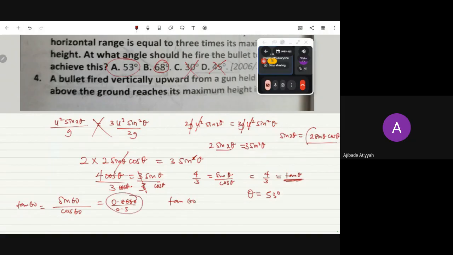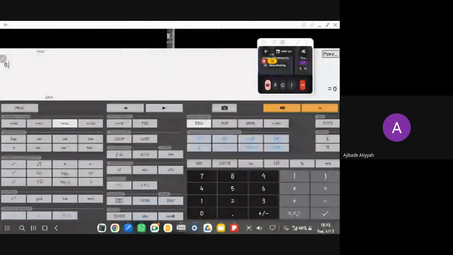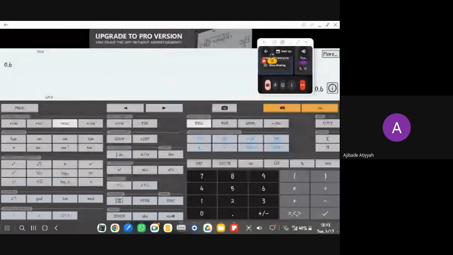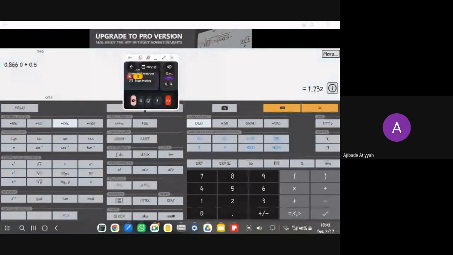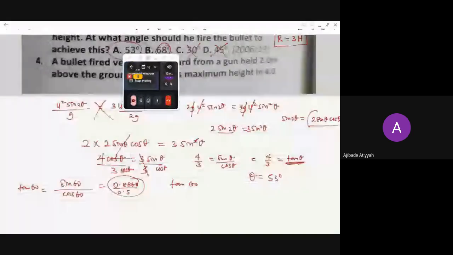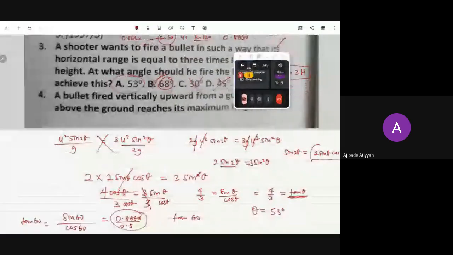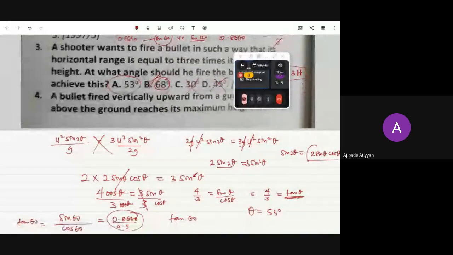So when you do 0.8660 divided by 0.5, you can see that it is far from 1.333 that we got. So the answer is going to be far from 60. Do you understand? So that's the only intuition you can use to know that the answer is going to be 53 and not 60. It's not close to 60.